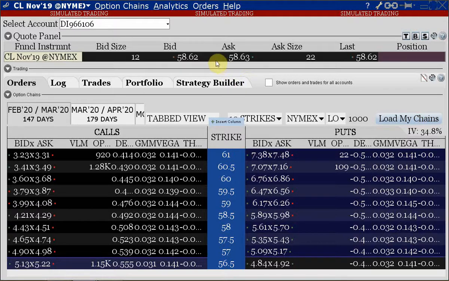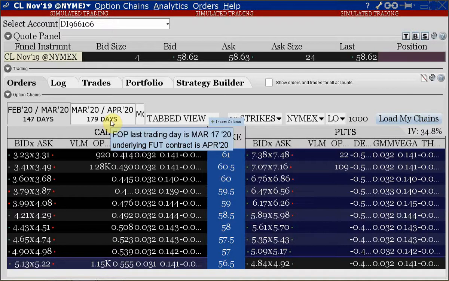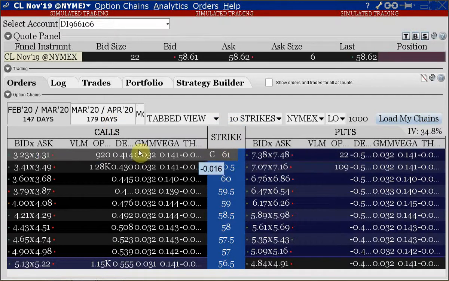You can see the option has many days to expiration. This is something interesting to look at in the prices of out of the money options. Options that have negative intrinsic value, where if you actually did the exercise you would lose money, are called out of the money options.